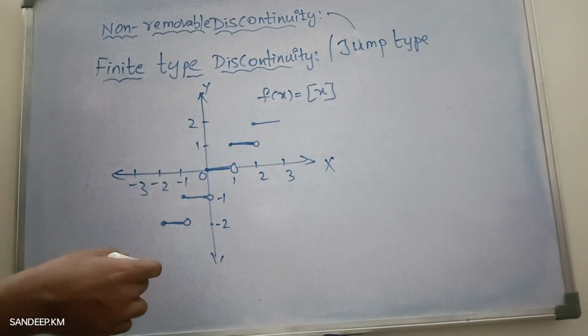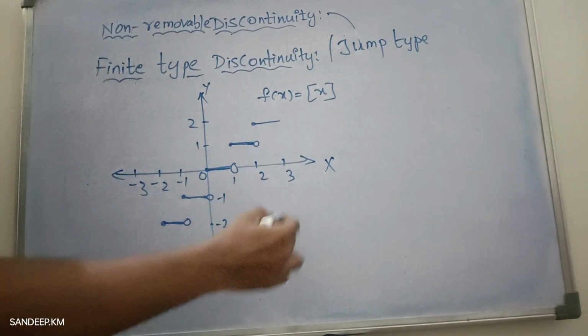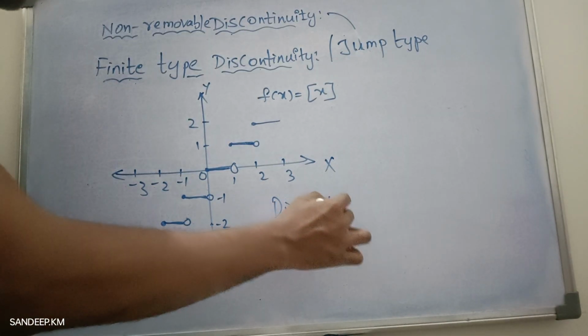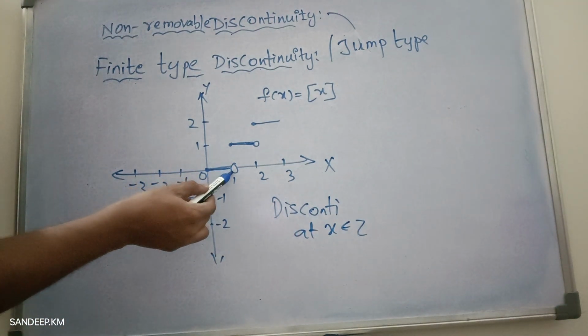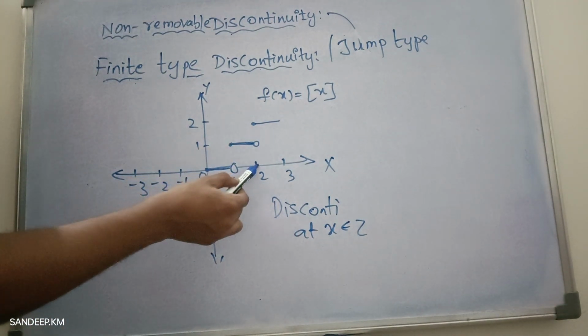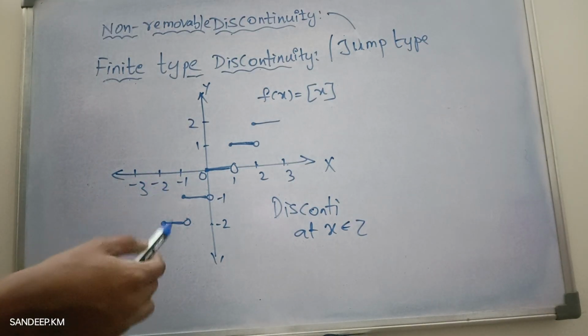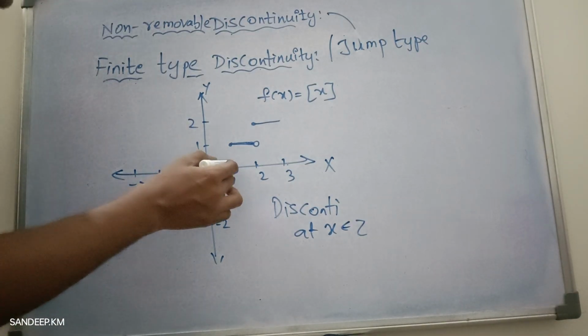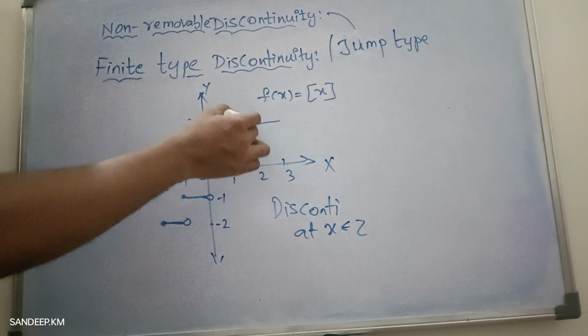So it's very much obvious that here the function is discontinuous at what inputs? At all integers. At x is equal to 1, at x is equal to 2, at x is equal to 3, at x is equal to 0, at x is equal to minus 1. The function is discontinuous. And what type of discontinuity is it? You are jumping to this point, you are drawing like this, you are jumping to this point.